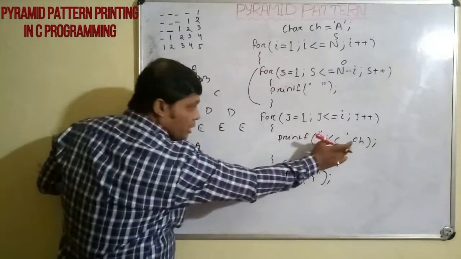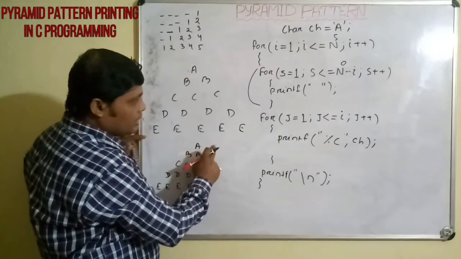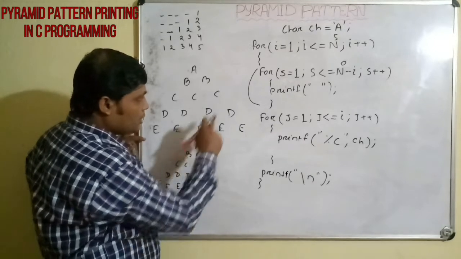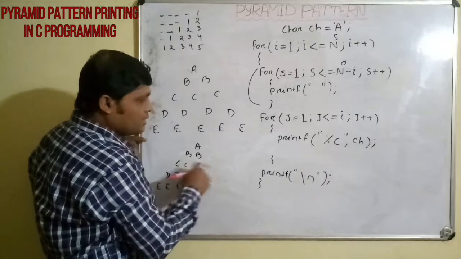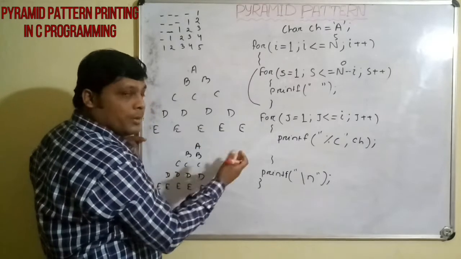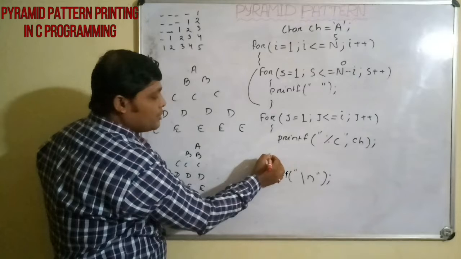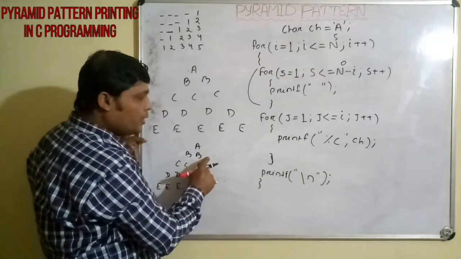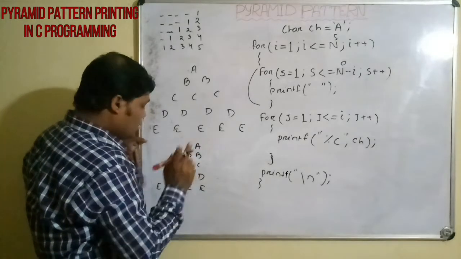But where does the ch value change for the next time? Just see, for I value 1, it is always A. When I value is 2, it will be B. So ch value changes with the I value, each time. When I value is 2, it will be B, incremented from A to B. Clear?